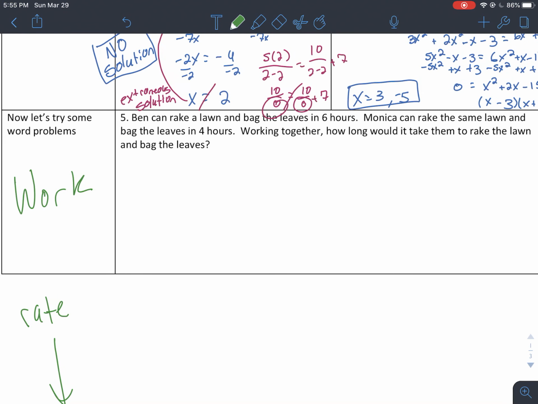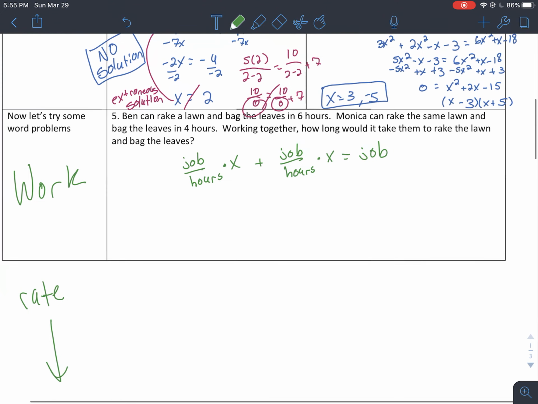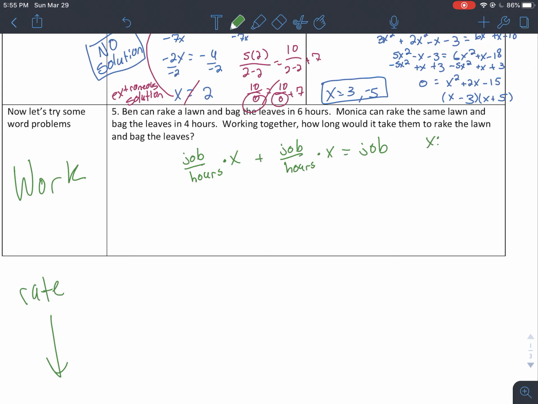So the equation for work problems is always going to be the job divided by the hours multiplied by x, plus the job divided by hours multiplied by x, equals the job that they get done, right? So x in all of these cases is the hours it takes to finish the job.